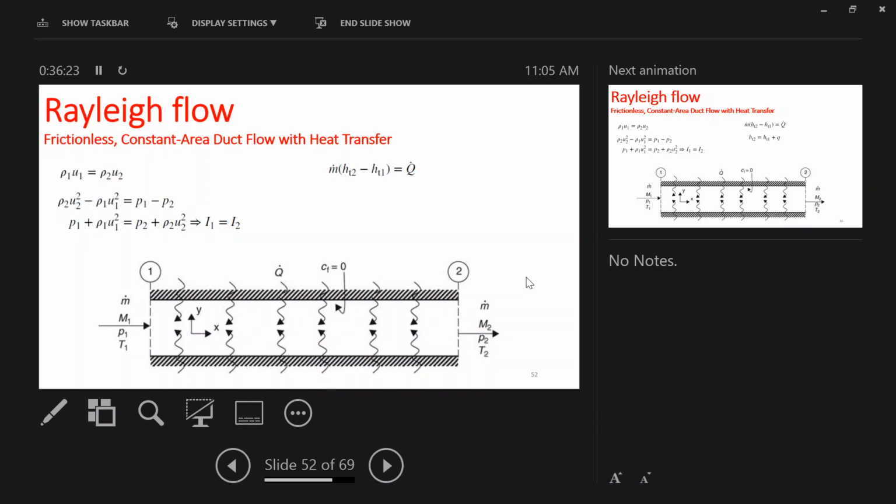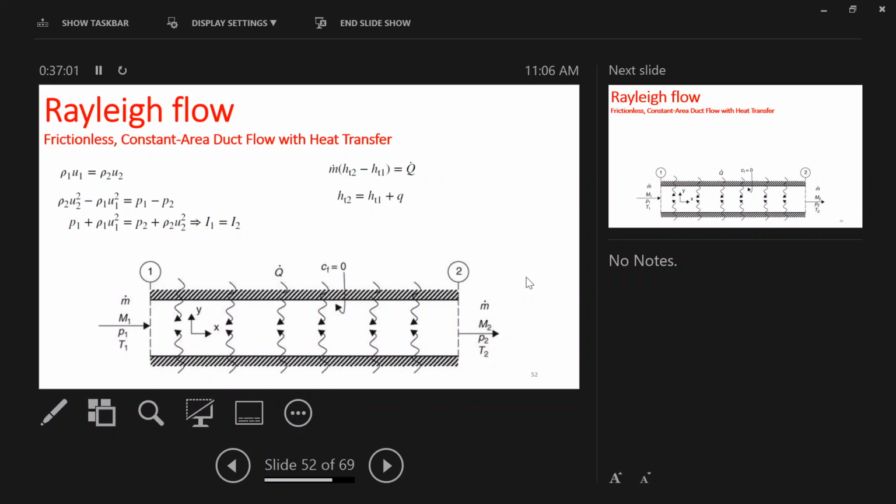So the total heat rate going into your system is going to be equal to m dot times the total enthalpy at the outlet minus the total enthalpy at the inlet. Which means that we can divide Q by m dot to get the heat rate, which is a very simple conservation equation.